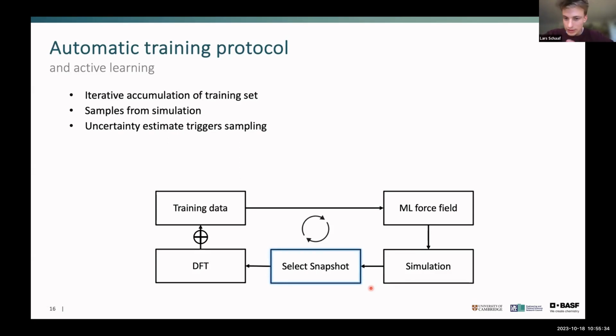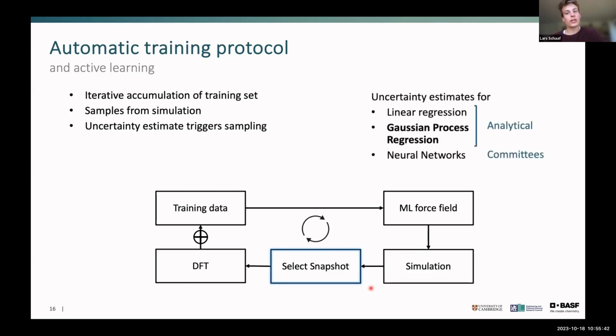So that seems all very clear and good, but the question is, how do you select a snapshot from the simulation? And here it's become very important to have models that can tell you when their predictions are not so certain. So have an uncertainty estimate. In the case of linear models and Gaussian process regression, we have an analytical expression for the uncertainty of our predictions.